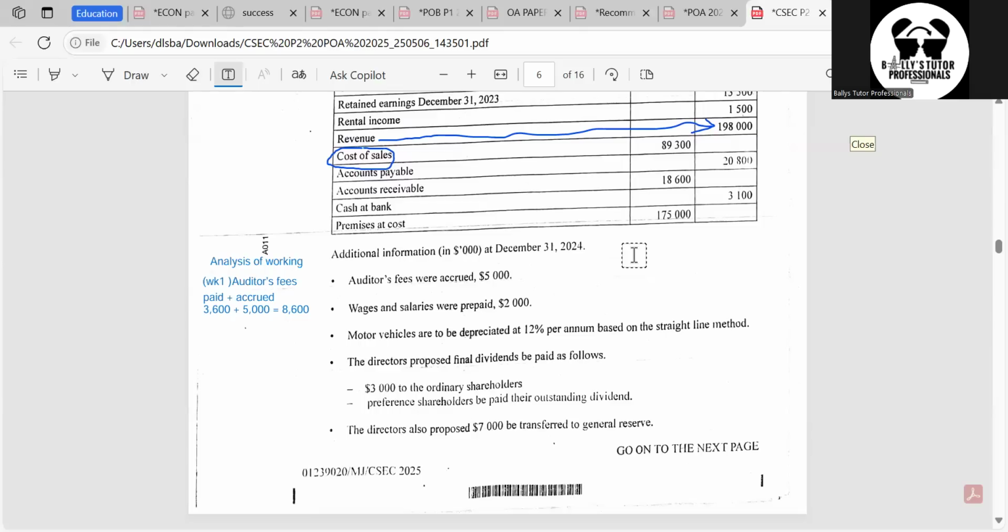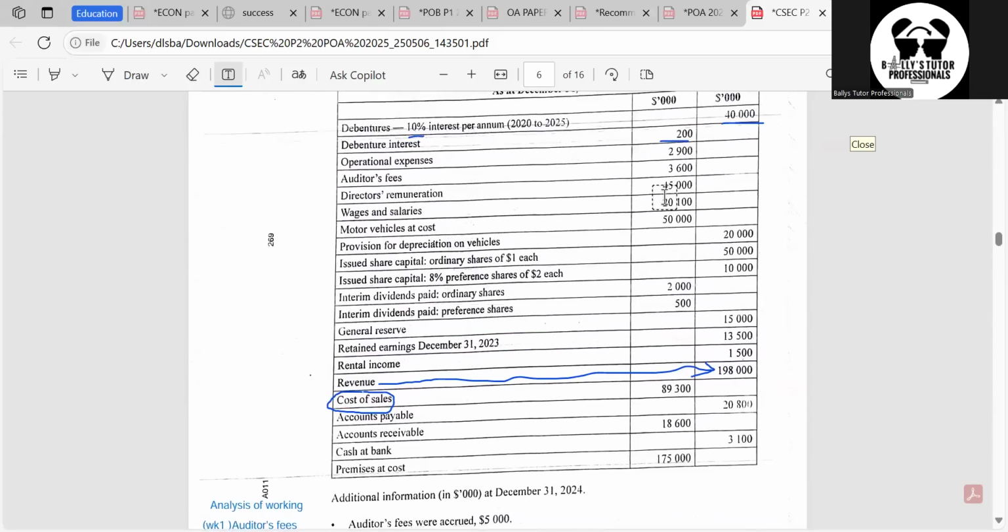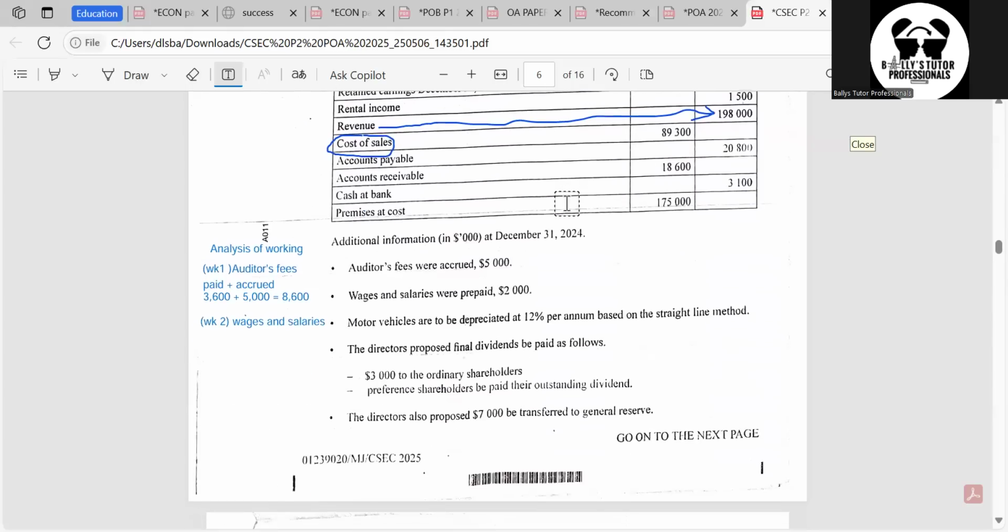Second working now, we're going to do that for wages and salaries, because they said we had a prepayment. According to the question, the wages and salaries that we paid was 20,100. But this is now saying that 2,000 out of that was a prepayment, meaning it's meant for the following period.